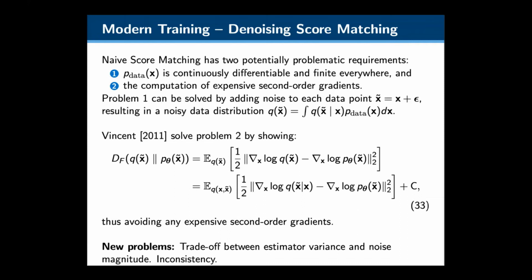I mean, sometimes this is fine. For example, if you're learning a discrete distribution, it's sort of unavoidable that we're going to add noise, and so then often denoising score matching is a reasonable thing to do. But in the case of us already having a well-behaved, continuously differentiable, finite everywhere distribution, we really don't want to be messing with it by adding noise.